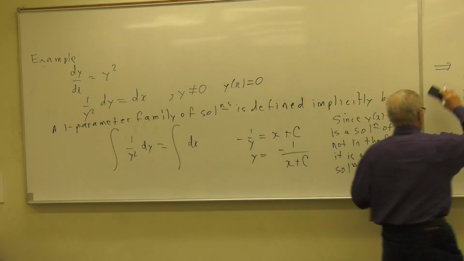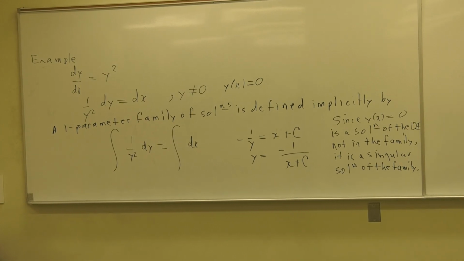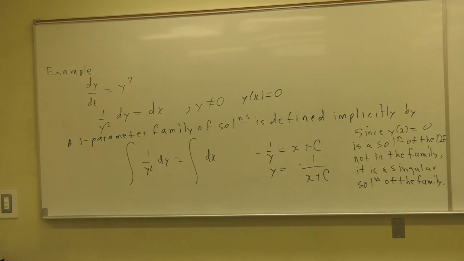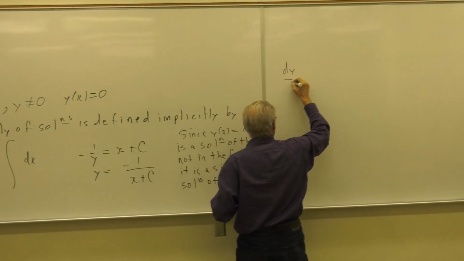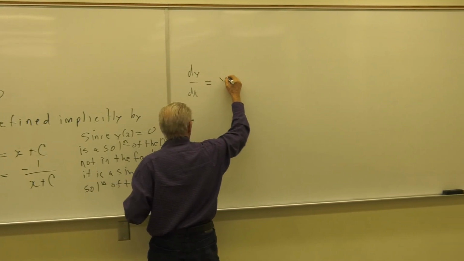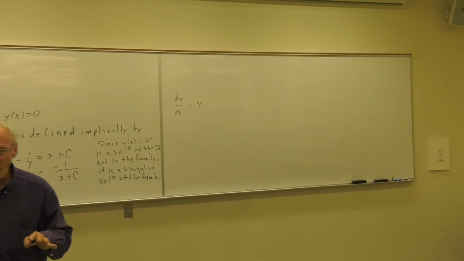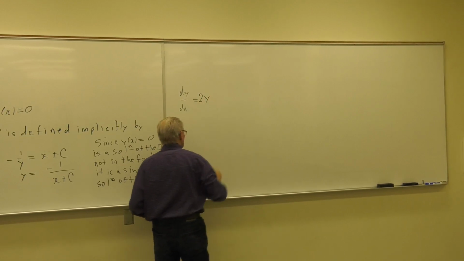Let's look at this example that we've seen before as well. It is an obvious one, but I want to do it by separation of variables to point out something that will happen. dy dx is equal to y. Now, we know the answer to that. Well, let me put a 2 in front of it.